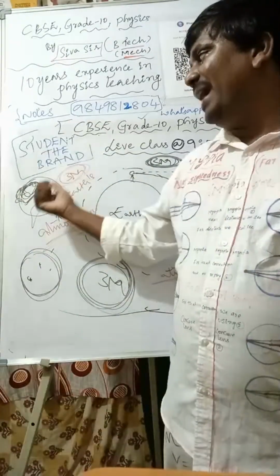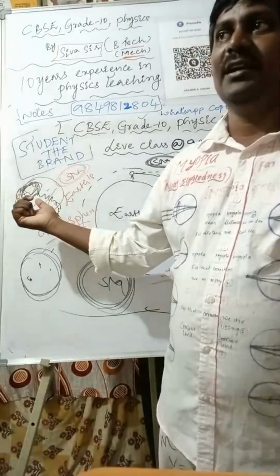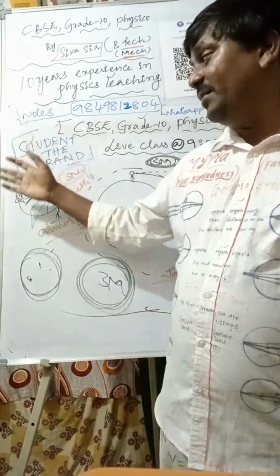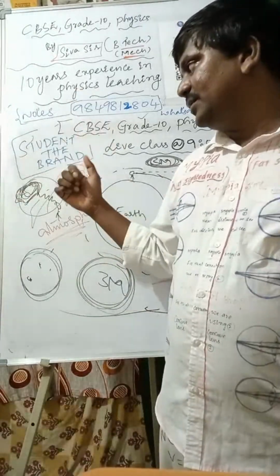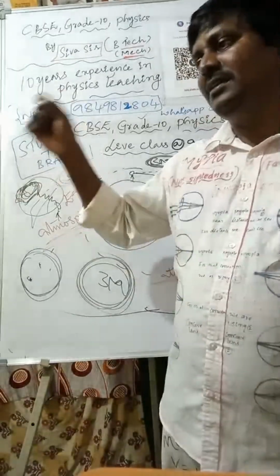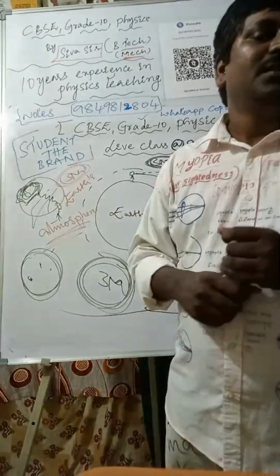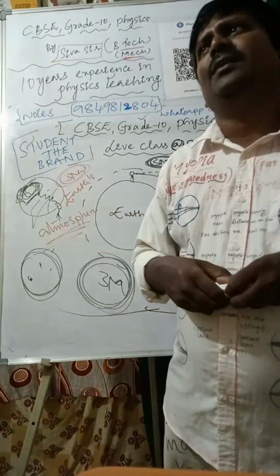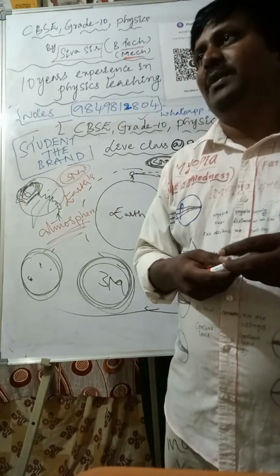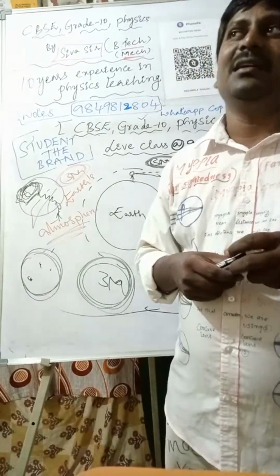If you go to the maximum scale, like stars twinkling, it is far from us. So light keeps coming and many refractions take place, that's why it keeps on twinkling. So that is about atmospheric refraction and scattering of light.